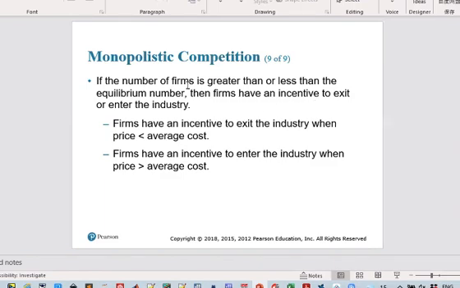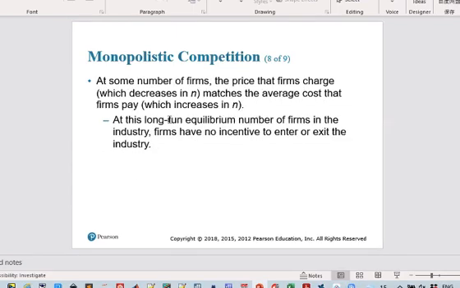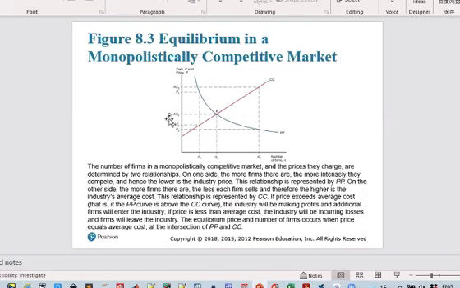If the number of firms is less than the equilibrium number, then firms have an incentive to enter the market. So basically it's here. If the number of firms is to the left of the equilibrium number of firms, then typically what we see is that the firm will make a positive markup, a high markup, and the cost is low.